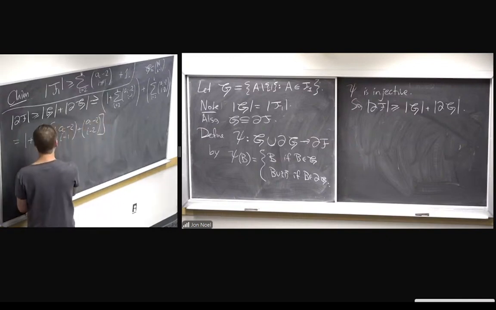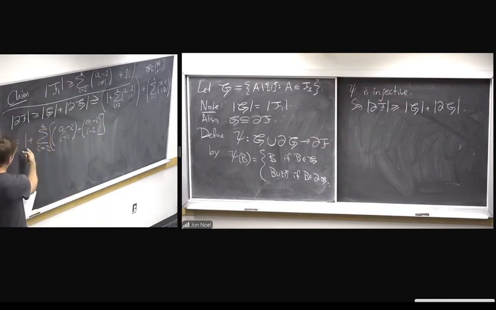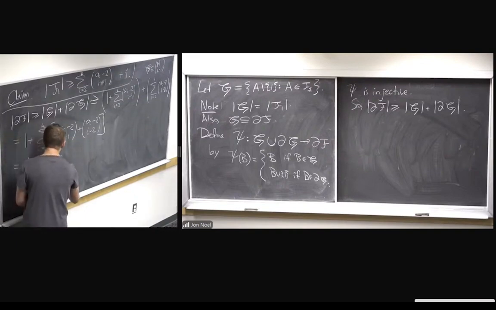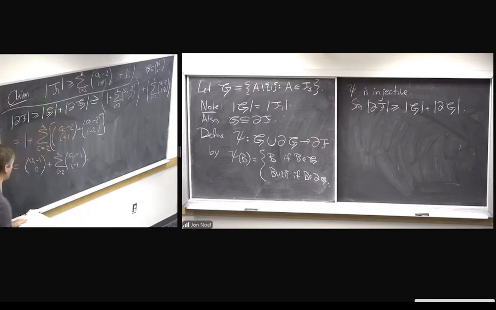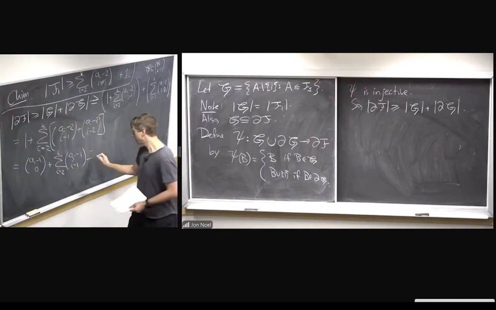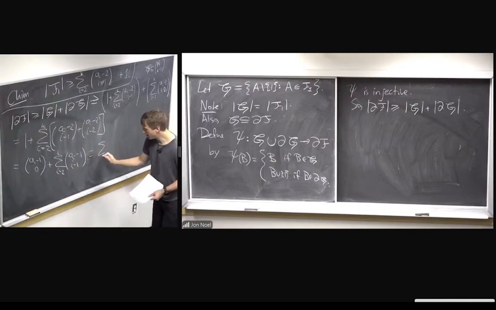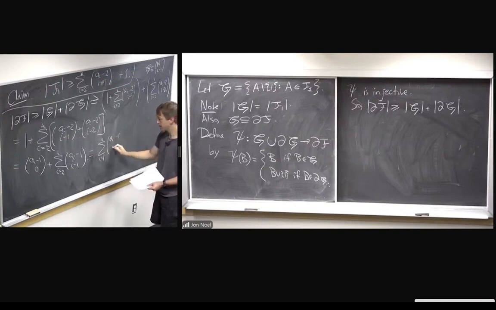And by Pascal, and also the fact that anything choose 0 is 1, I can write this as a_1 minus 1 choose 0 plus the sum from i equals 2 to k of a_i minus 1 choose i minus 1. That's what we wanted. That's the sum from i equals 1 to k of a_i minus 1 choose i minus 1.